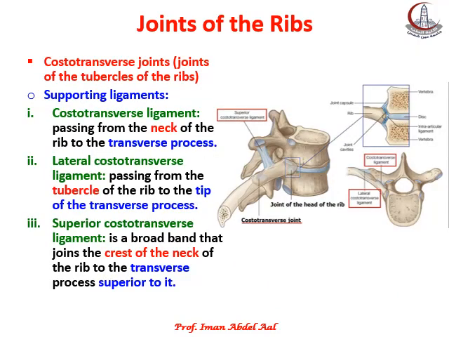The costotransverse joints have 3 supporting ligaments. These ligaments are the costotransverse ligament, the lateral costotransverse ligament, and the superior costotransverse ligament. If you look at this picture, you can see the head of the rib, the neck, and the tubercle.